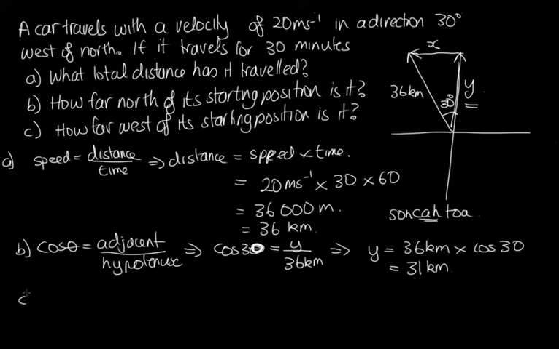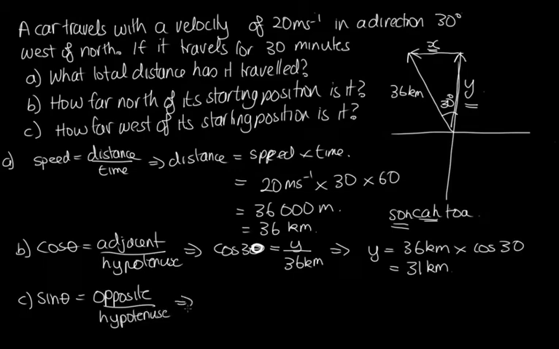So part C says how far west of its starting position is it. So we need to work out what this x is. x is opposite the angle that we know, and we also know the hypotenuse. So we'll be using SOH. So we've got sine theta is equal to opposite over hypotenuse.